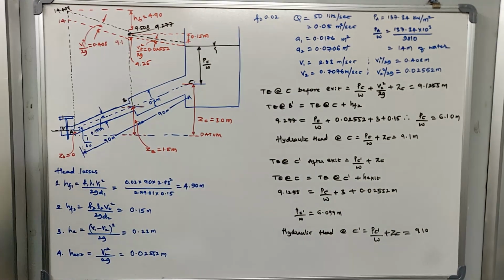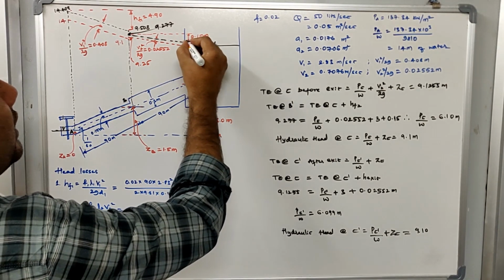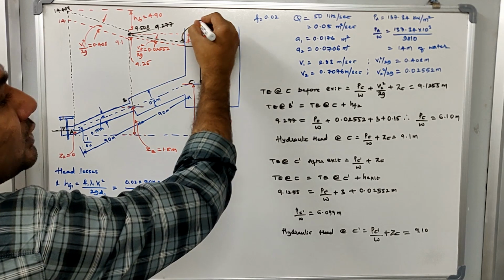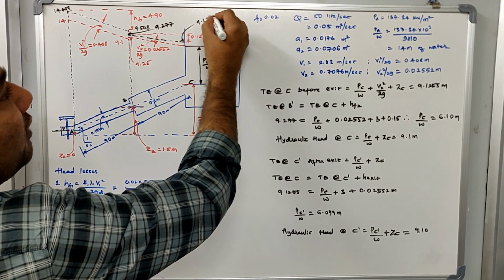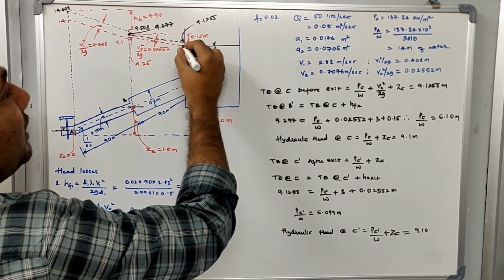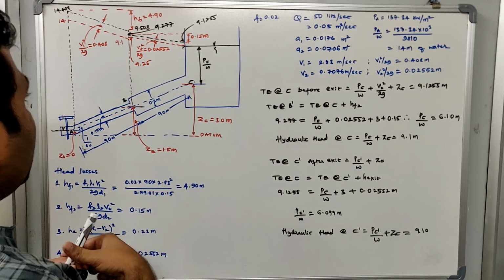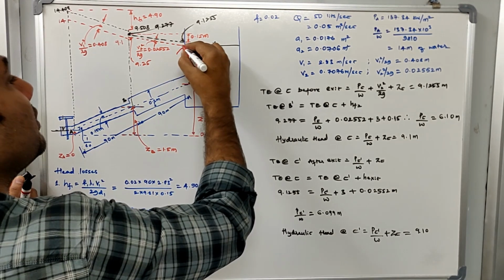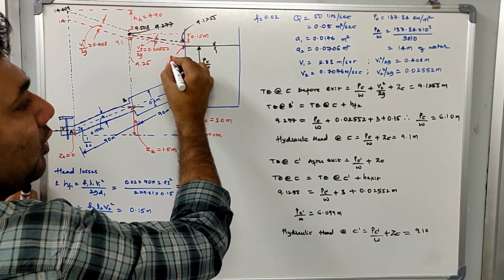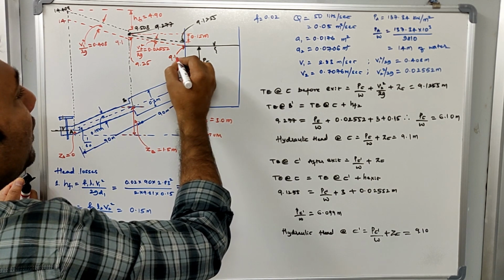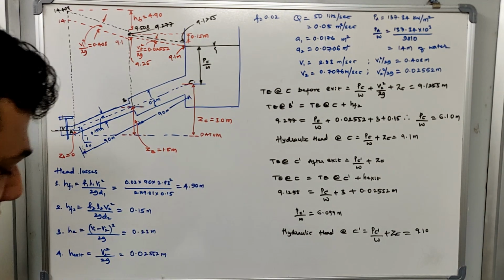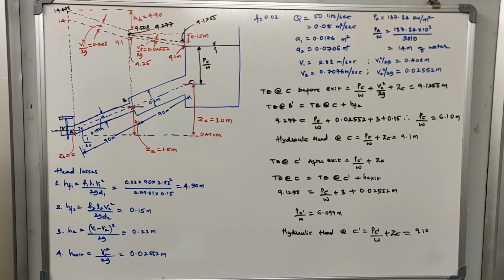So similarly, I can write the total energy at this point, which is 9.1255. Now, similarly, at this point, the hydraulic head will be equal to 9.1 meter. Okay. So this is how we have determined the total energy at joint C, which is before exit.